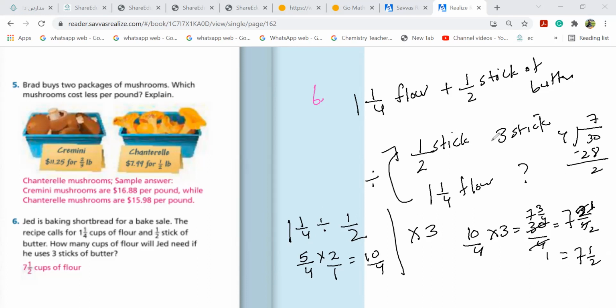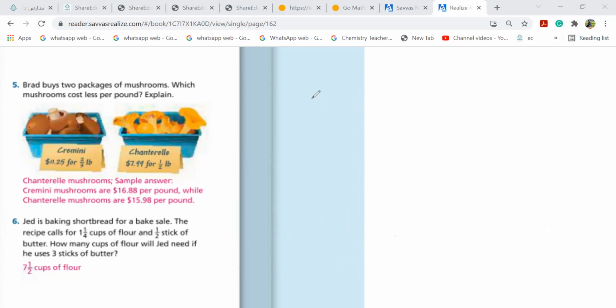Malak, do you want me to explain again? I have a question. Yes, Malak, let me explain once more. The recipe called for 1/4 cup of flour and half a stick. So half a stick is 1/4 flour.